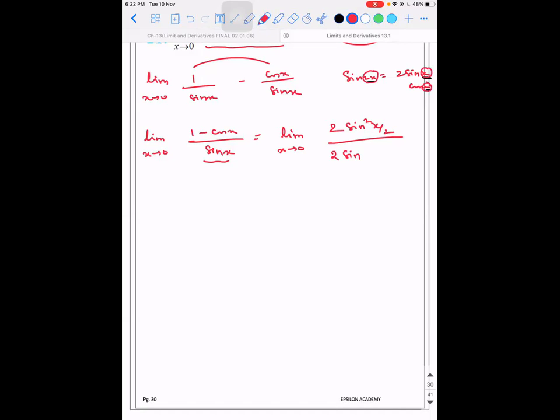X by 2, sir. That's right. Sin x by 2 into cos x by 2. Since 1 minus cos x is 2 sin square x by 2 and sin x is 2 sin x by 2 cos x by 2.